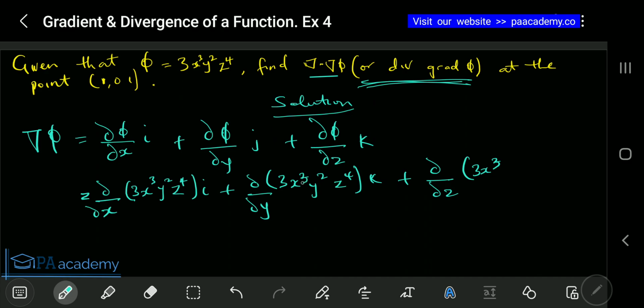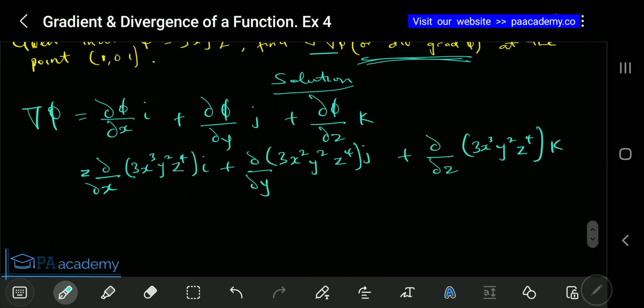This is cubed. So you just need to be careful with these kinds of mistakes, so it won't affect your final answer. And then z to the 4. Okay, so this will be j, and then this will be k. So just be careful with such mistakes.